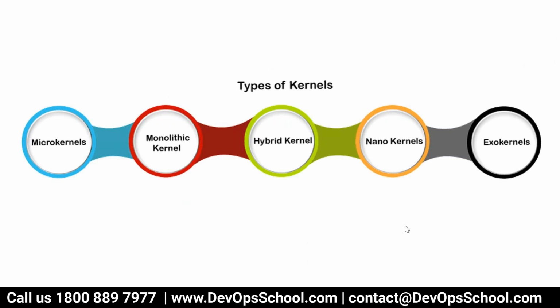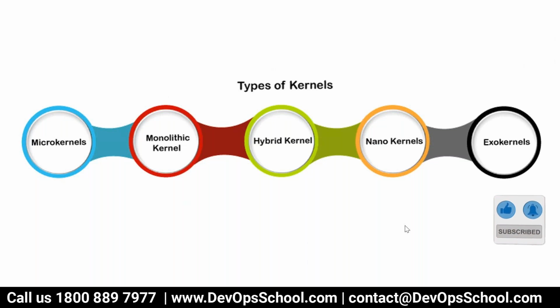Now, what are the types of kernel? We have multiple types of kernels; these are some of the popular ones. Most of the time we use the monolithic kernel. Monolithic kernel means the VMs you create, or will create in future, on AWS or Azure or virtual machines on your laptop. When you install an operating system on them, it will have a monolithic kernel.